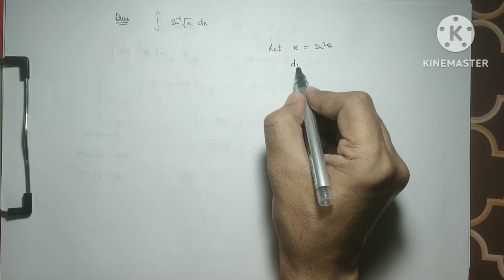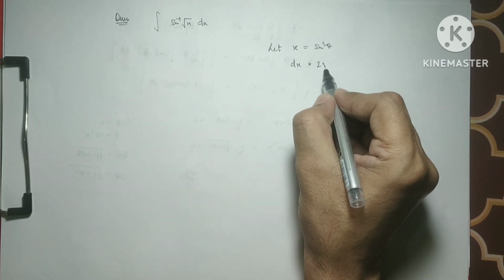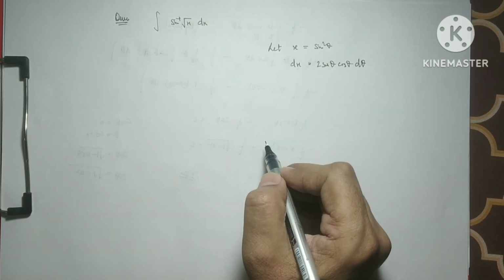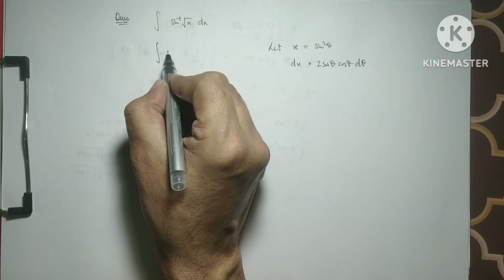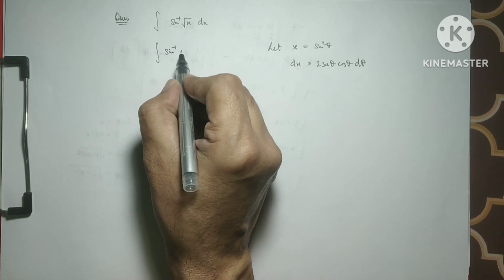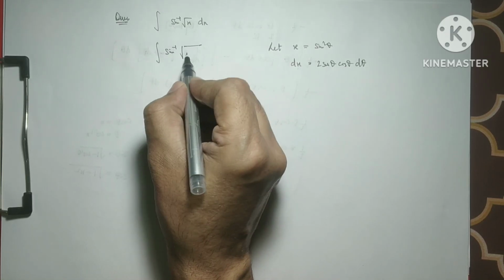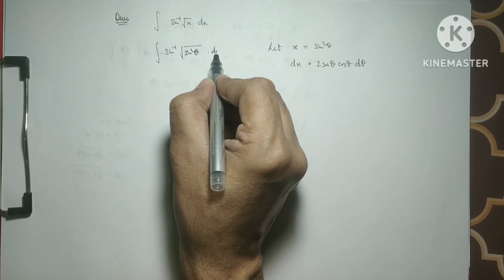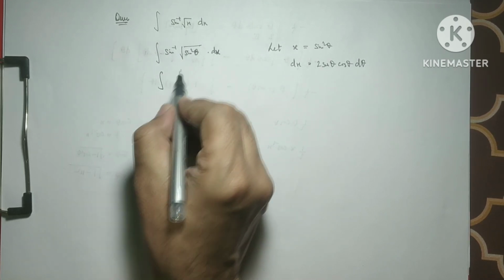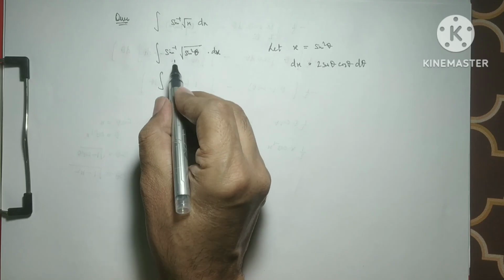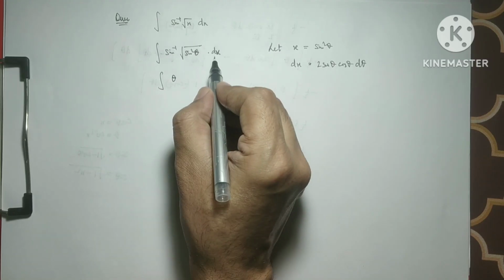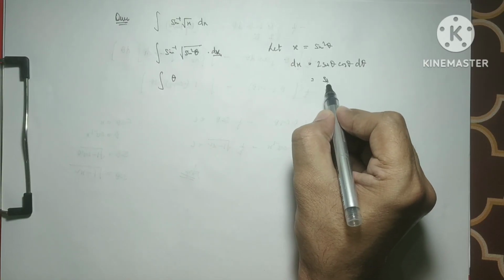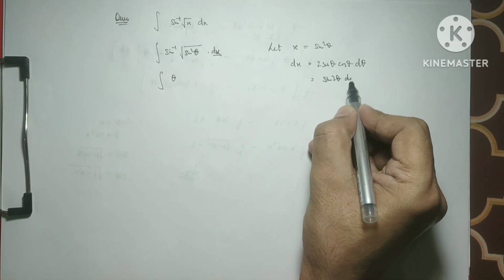So dx will be, on differentiation, 2 sin theta cos theta d theta. So this is sin inverse, and x is sin square theta, and this is dx. So this becomes sin theta, and sin inverse of sin theta is theta, and the value of dx is 2 sin theta cos theta, or you can say sin 2 theta d theta.